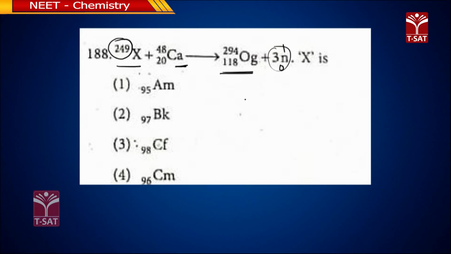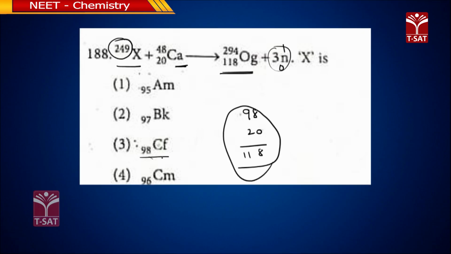X should be 98, since 98 plus 20 is 118. So, it will be californium. Californium 98, 249 reacts with calcium 20, 48 to give oganesson 294 with atomic number 118, and 3 neutrons, where the neutron charge is 0 and mass is 1.